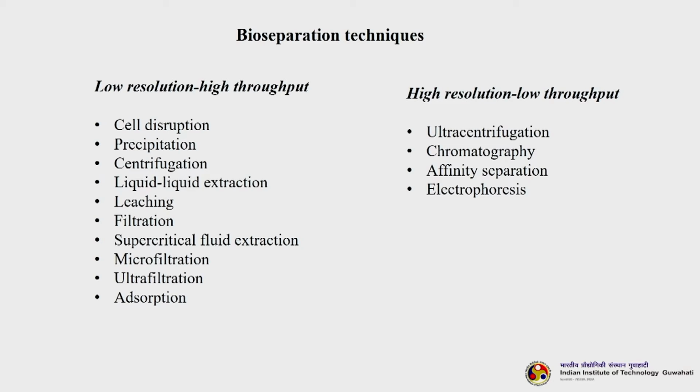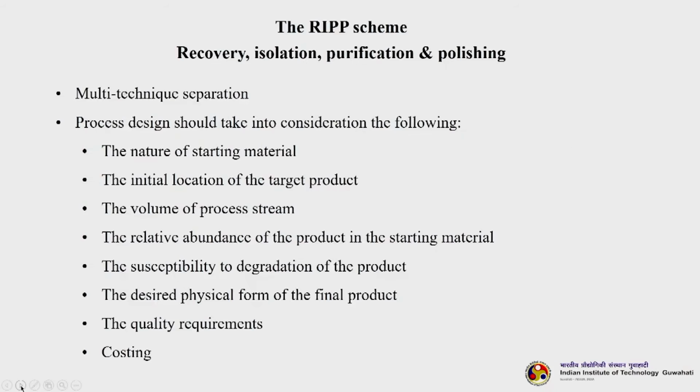Low resolution high throughput techniques are cell disruption, precipitation, centrifugation, liquid extraction, leaching, filtration, supercritical extraction, microfiltration, ultrafiltration and adsorption. The high resolution low throughput is chromatography, which is most widely used, then affinity separation, electrophoresis and ultracentrifugation.